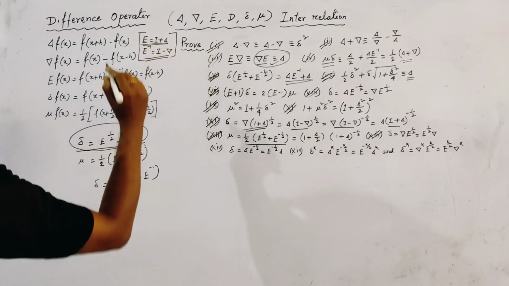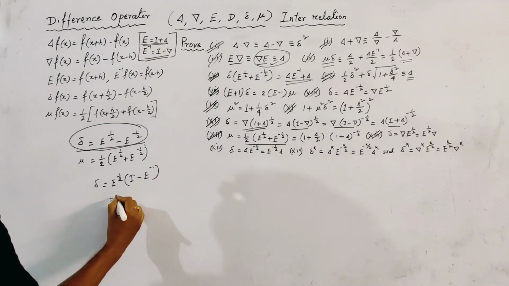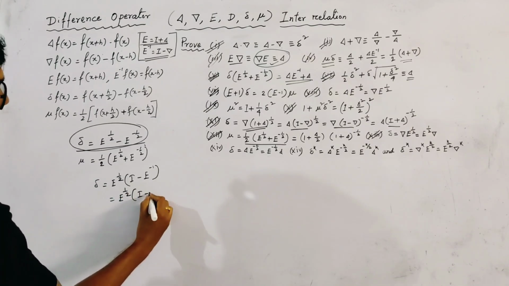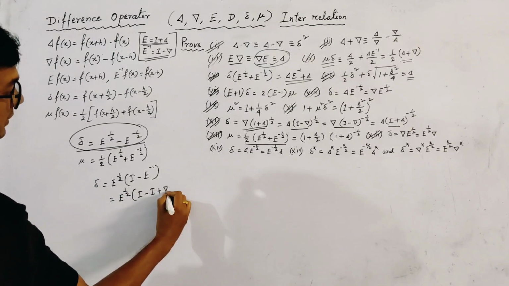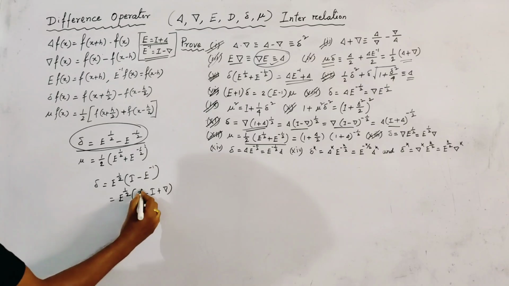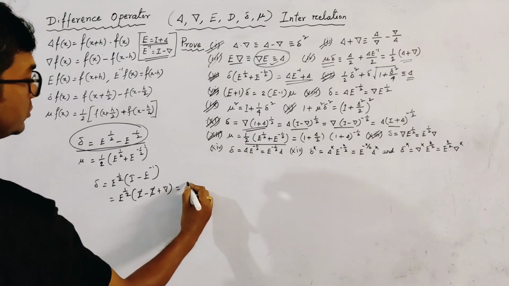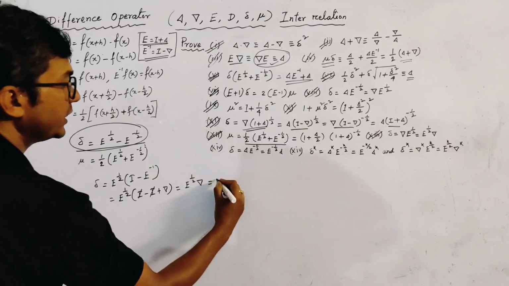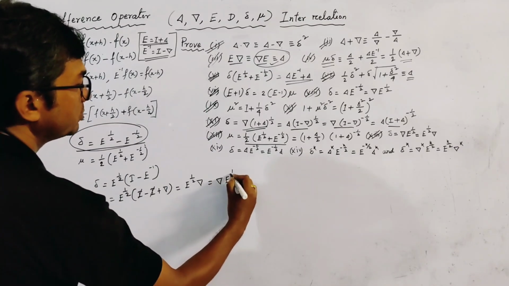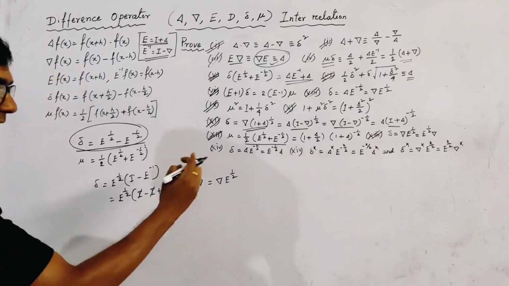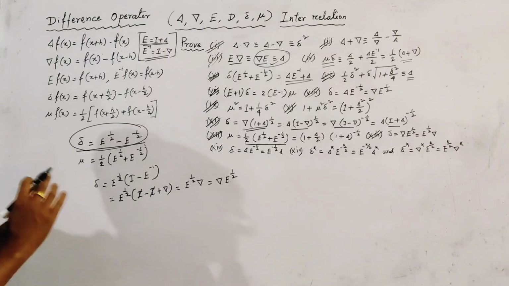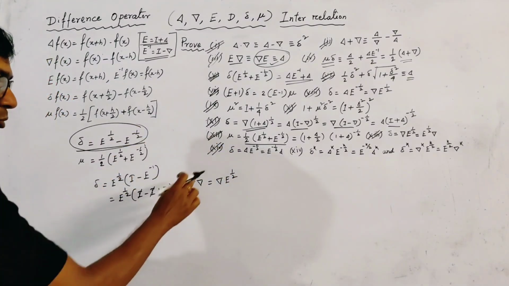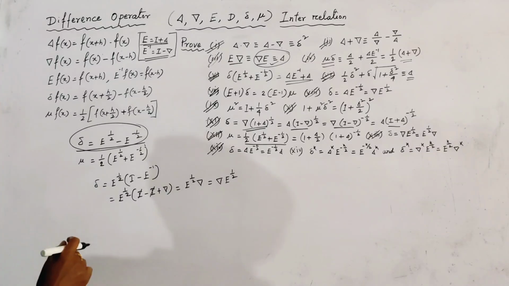This is I minus nabla, so we get e to the power half into I minus I plus nabla. I cancels out, so e to the power half into nabla, and this is also written as nabla into e to the power half, because nabla and the shift operator commute with each other. And a similar proof holds for relation number 14.